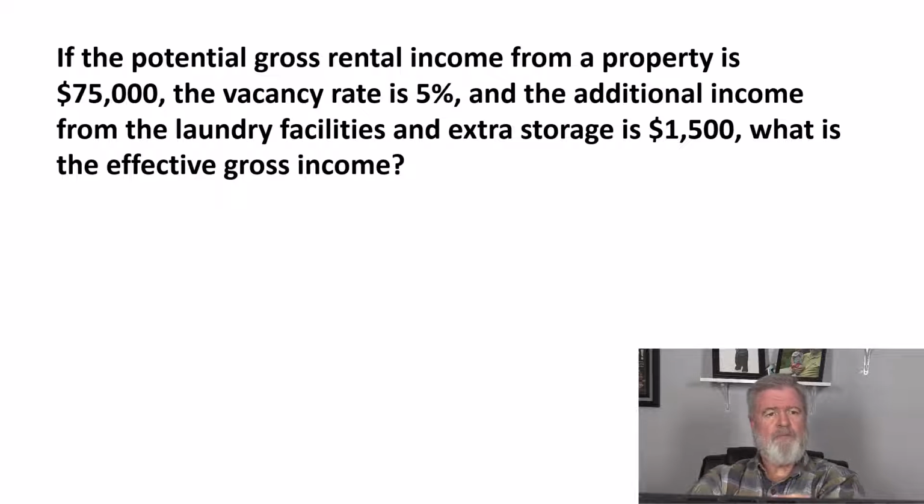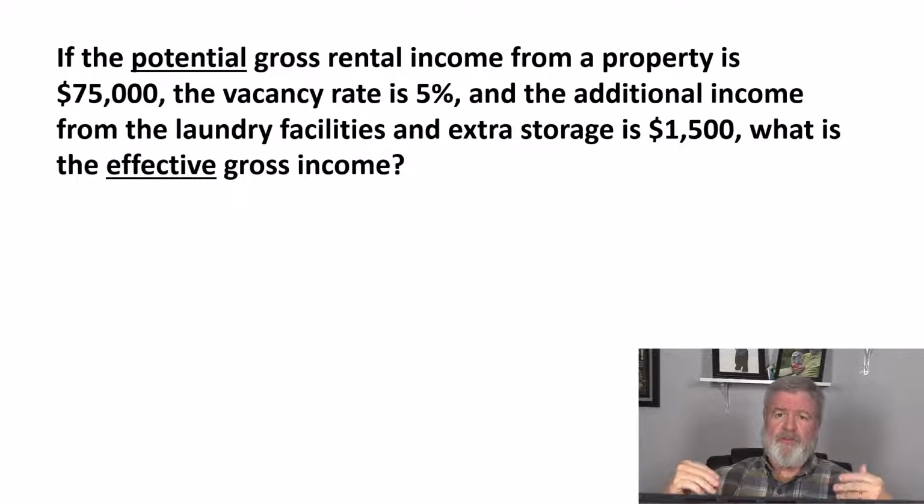In the first line, it says the potential gross rental income. Potential. And on the bottom line, it's asking what is the effective gross income. There's a little bit of difference there, so you have to make sure you understand that to do well with this question.